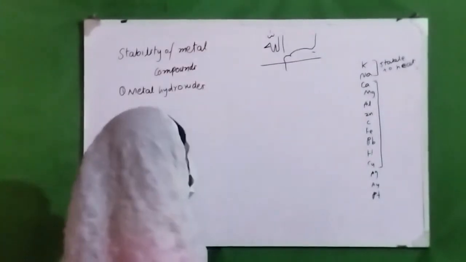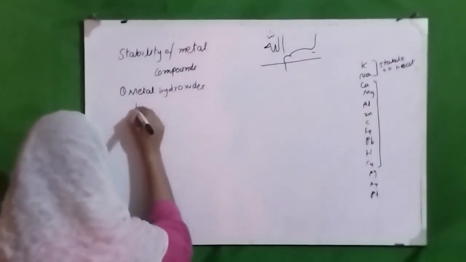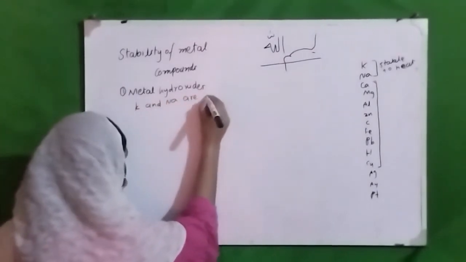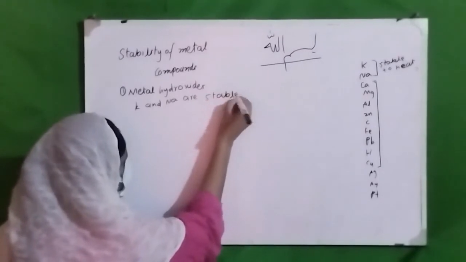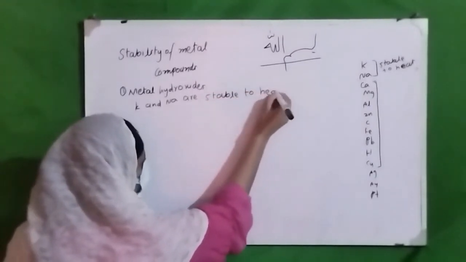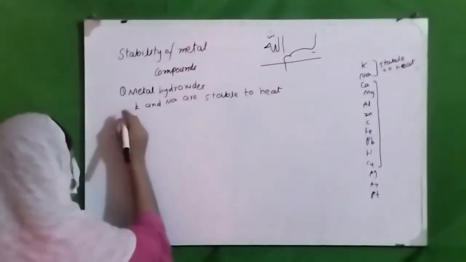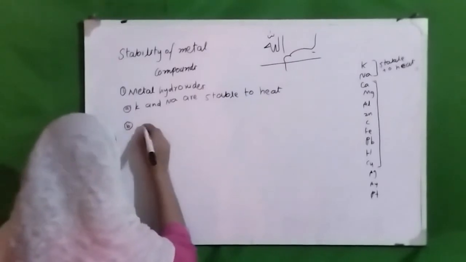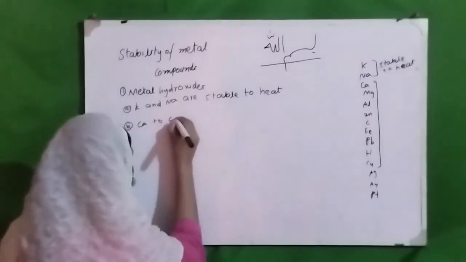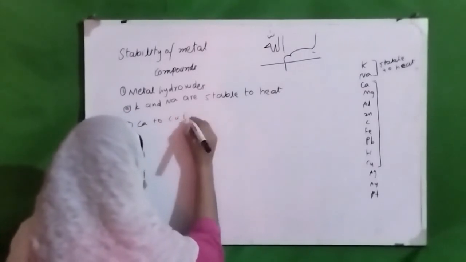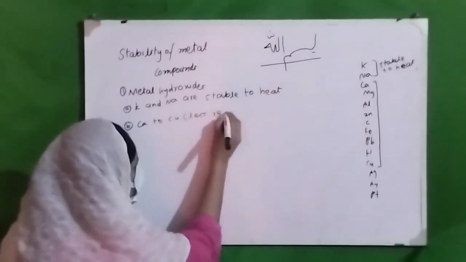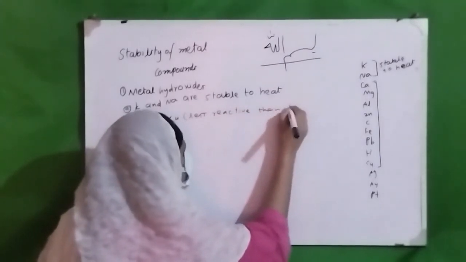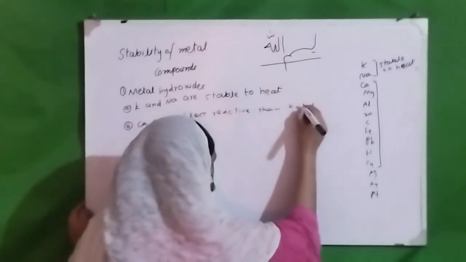By heating them, potassium and sodium are stable to heat. From calcium to copper, the metals are less reactive than potassium and sodium because they are below them.